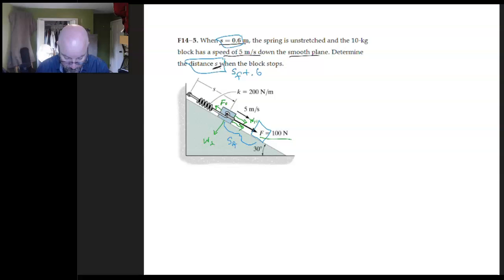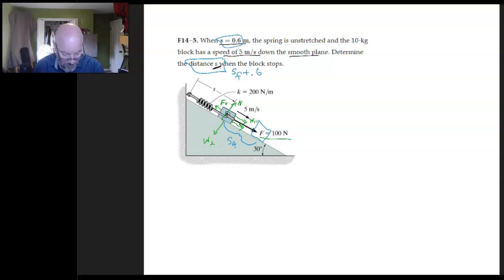Here's our perpendicular component for the weight and the normal force. Now, since there's no friction, we don't actually need the normal force. So we can just work with the spring, with the parallel component of the weight, and with that 100 Newton force that's acting for us there.